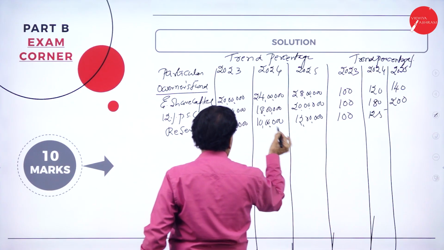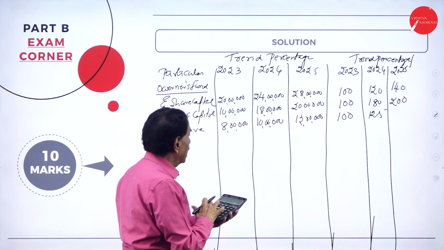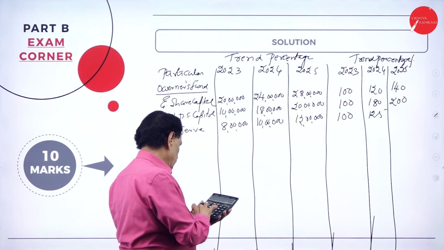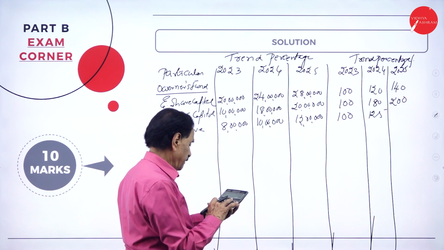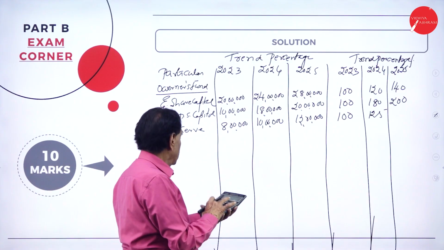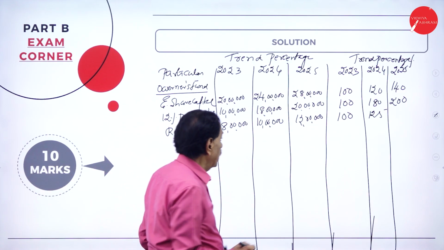This is 10 lakh divided by 8 lakh into 100, which is 125. Now 12 lakh divided by 8 lakh into 100 is 150%.